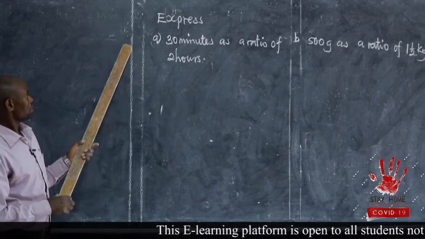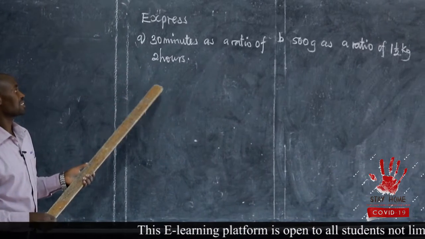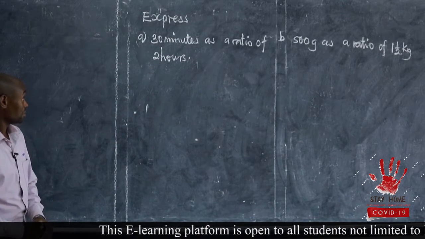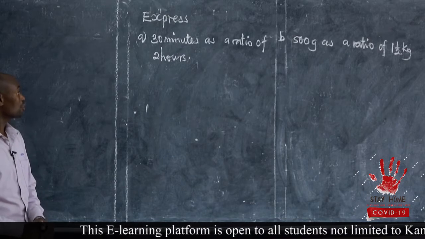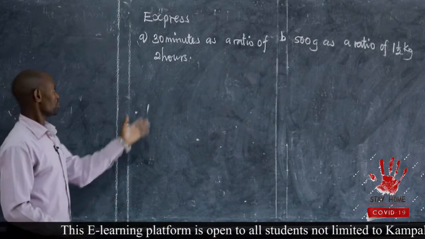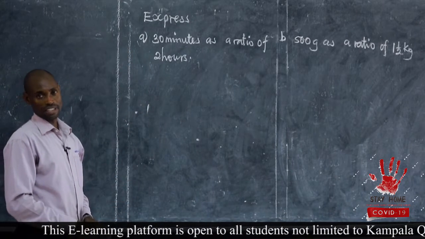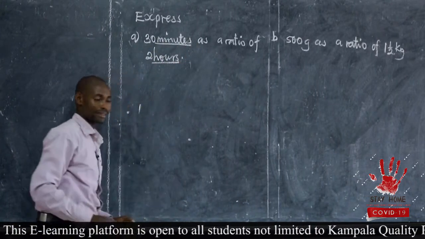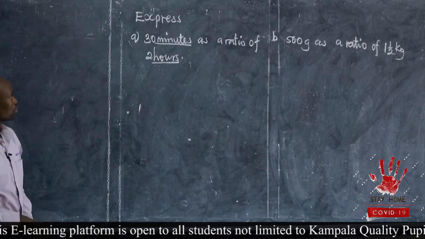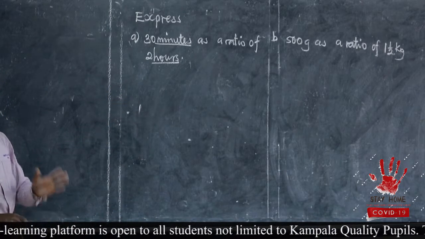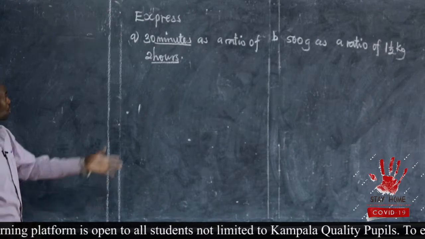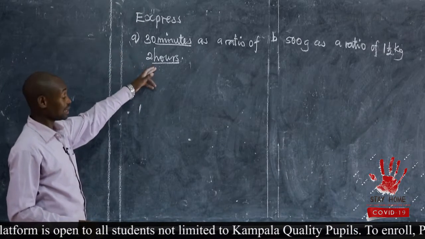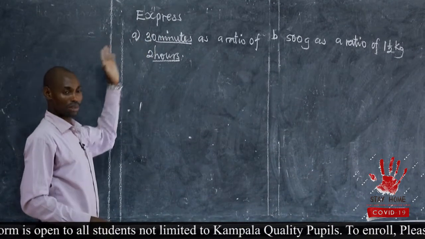We are going to express 30 minutes as a ratio of 2 hours. When you look at this, we have different units: minutes and, at the same time, hours. So what do we do? You must convert one of them so that you have similar units. Which one is simpler to convert, from minutes to hours or from hours to minutes?